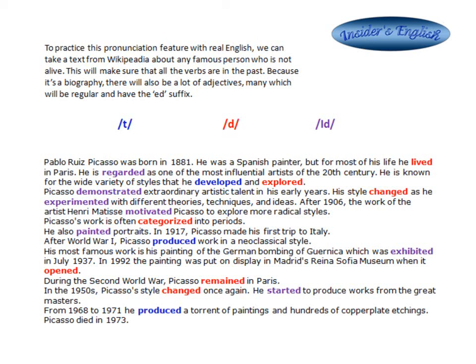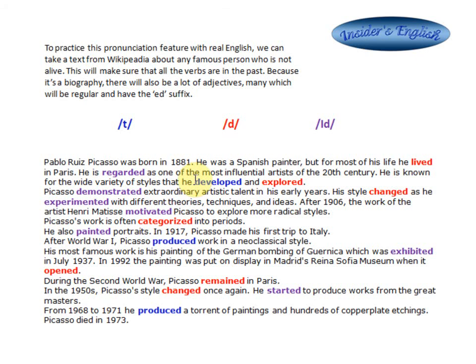In this text, I have highlighted all the words that take the t suffix in blue, the words that take the d suffix in red, and those that take the ud suffix in purple. I suggest the first thing you do is practice the words in isolation. Try with me now.